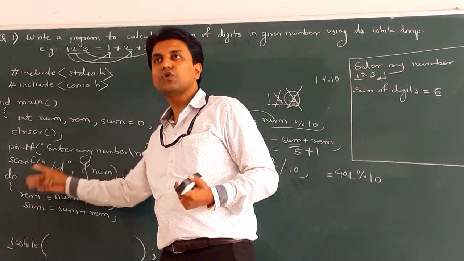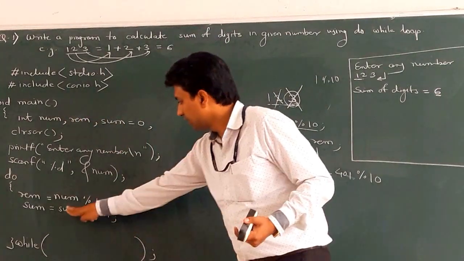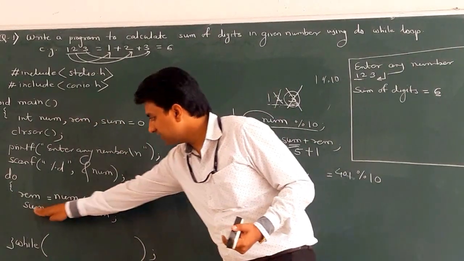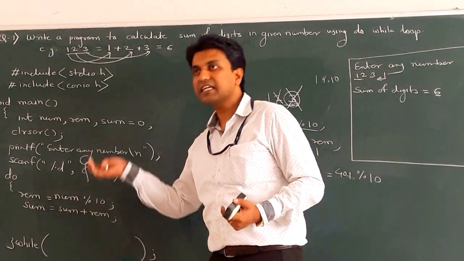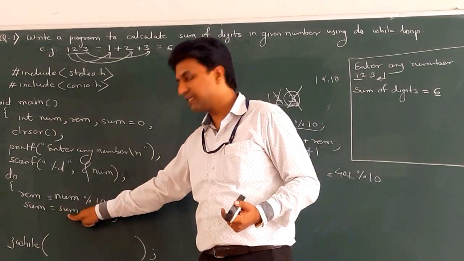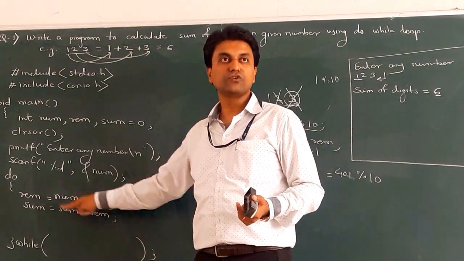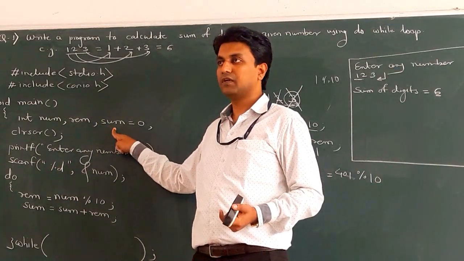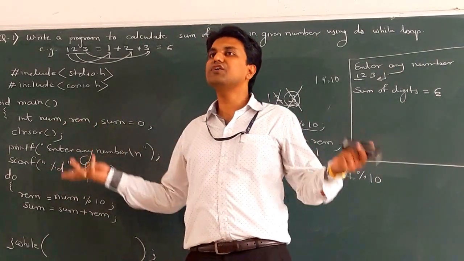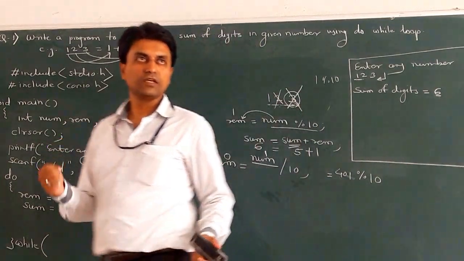Clear? So no need to write remainder equal to 0. But sum is used before any value is assigned, and garbage plus remainder gives wrong results. That's why we initialize sum. But num and remainder need no initialization to 0. Understood? Clear?